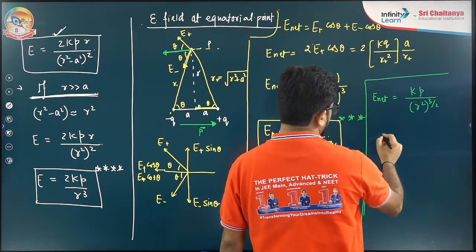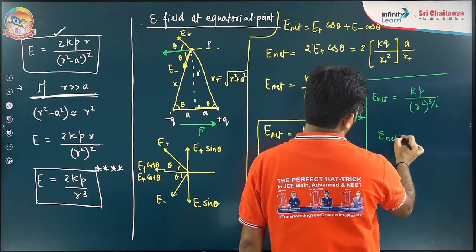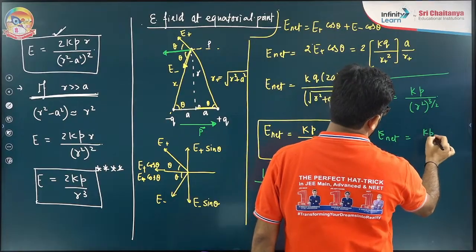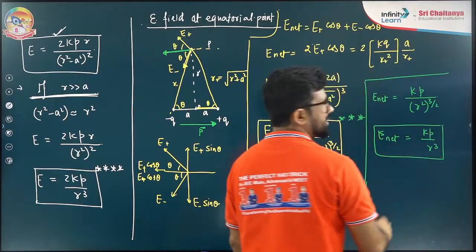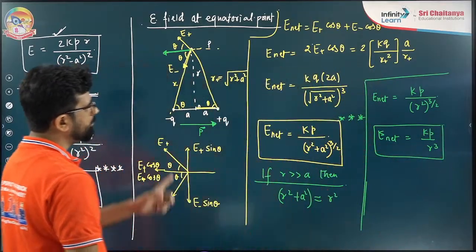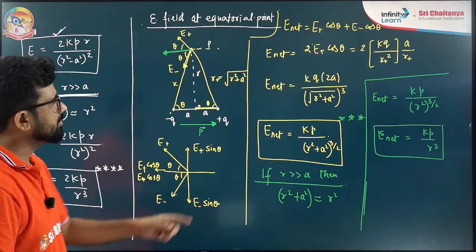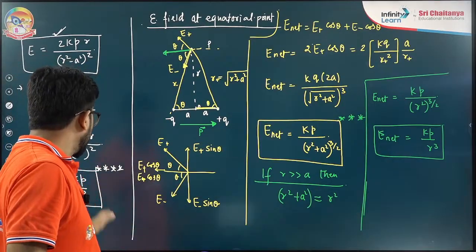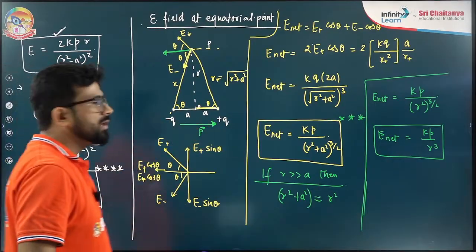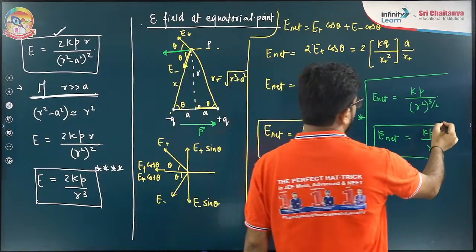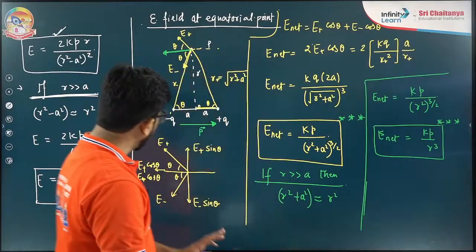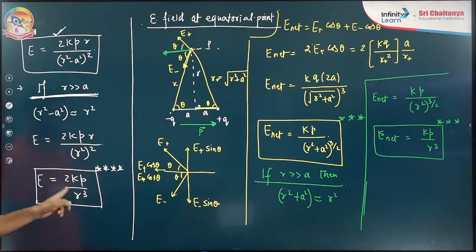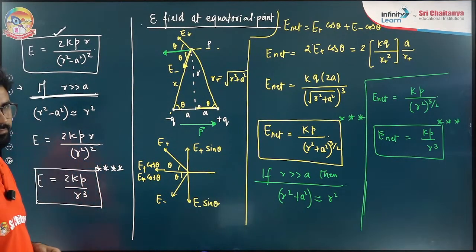You solve it, then this becomes E net is equal to Kp by R cube. So if R is very much greater than A, you can write E net is equal to Kp by R cube on the equatorial position. On the axial position you can write 2Kp by R cube.